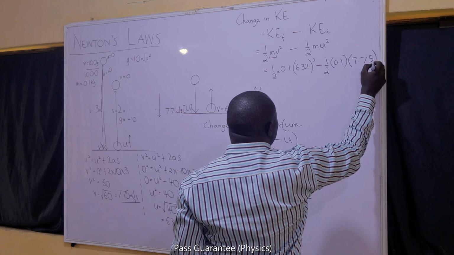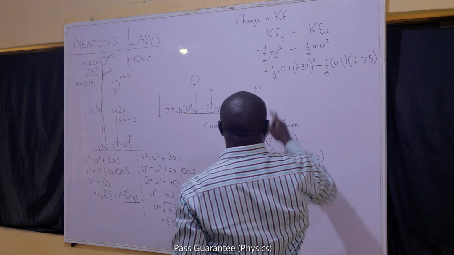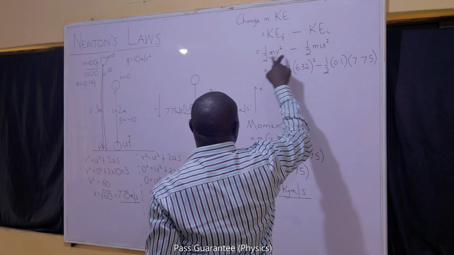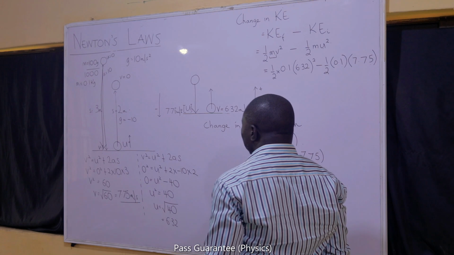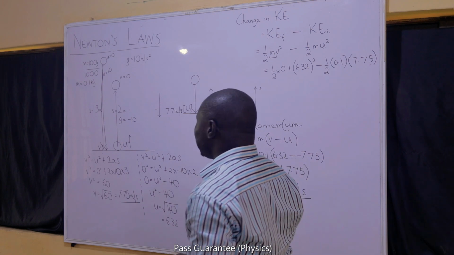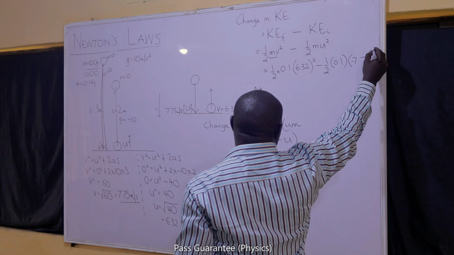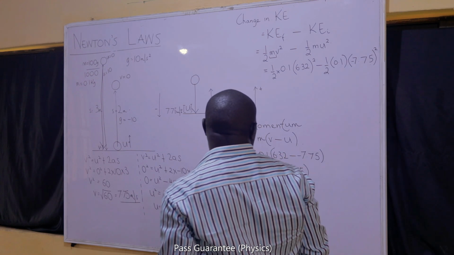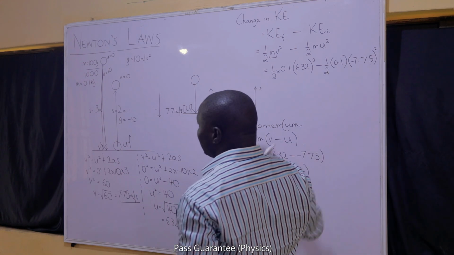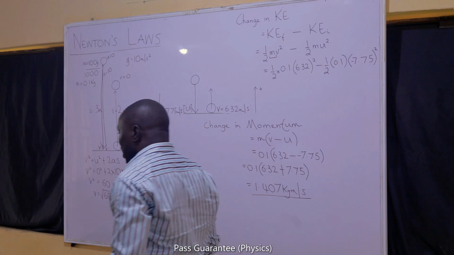You ask me now that I'm not using my negative because speed is what we use to get kinetic energy, not velocity. And speed does not require the signs, does not have direction. Even if you put the negative, you will still be correct, because by the time you find the square of a negative velocity, you will definitely have positive.